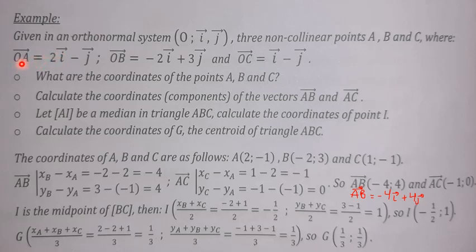Also AC: x of C minus x of A, y of C minus y of A. So we have -2, 0. Here, because he asked me to calculate the coordinates of the vector, we write it in this form. Also, we can write vector AB equals -4i plus 4j.